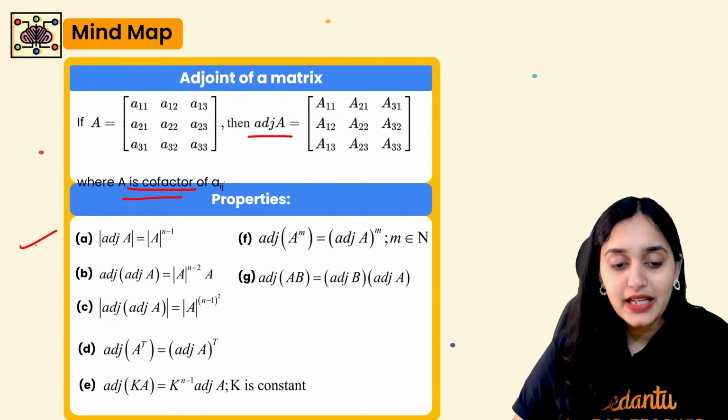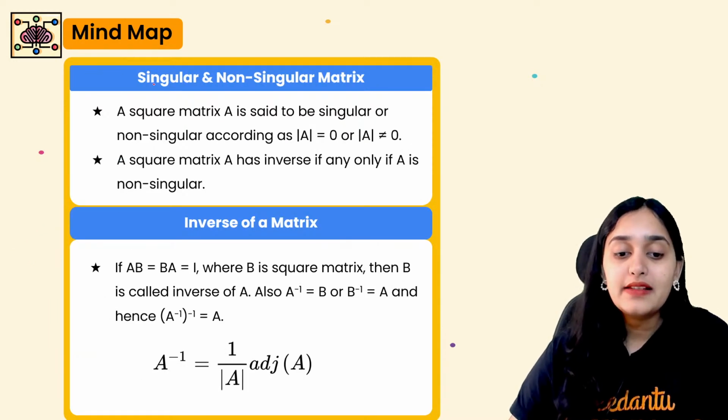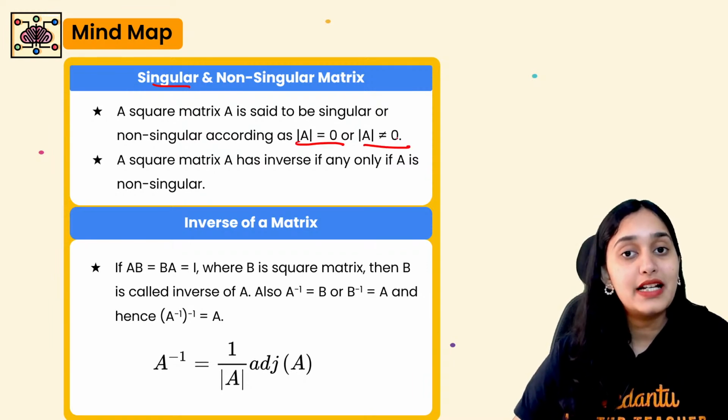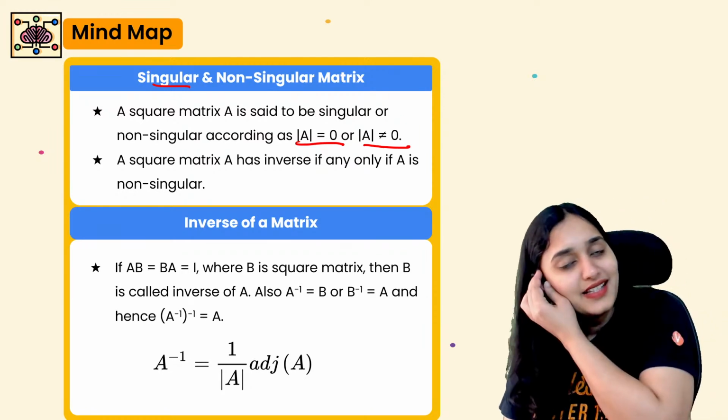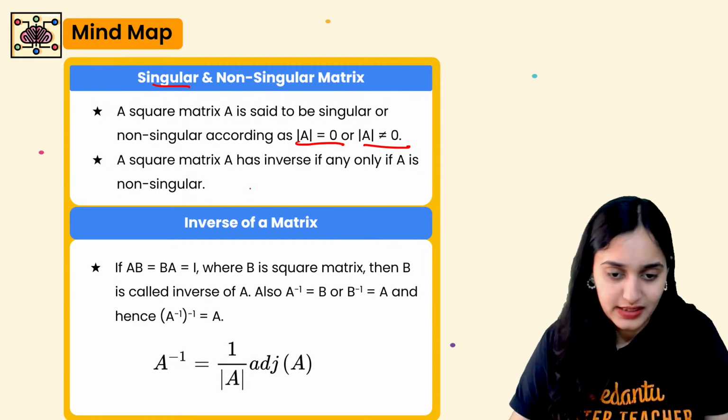These are the properties related to the adjoint of a matrix. Now, what are singular matrices? Sorry, singular means determinant is 0, non-singular means determinant is not 0.